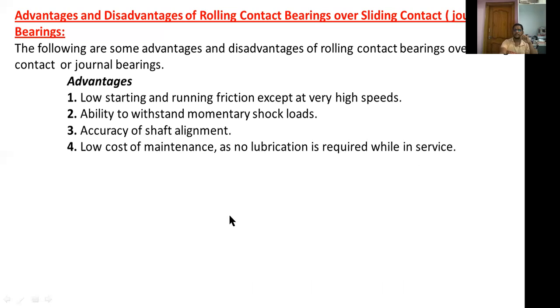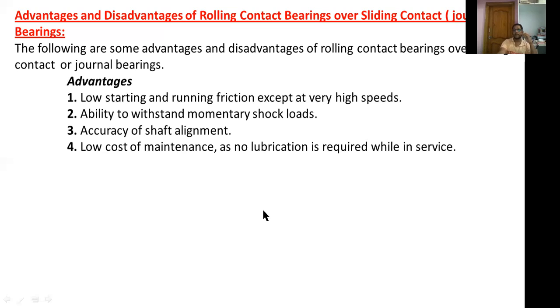And the cost of ball bearings and roller bearings is also less as compared to journal bearings. The construction of these roller bearings and ball bearings is also very easy. That's why the cost of ball bearings is very low.